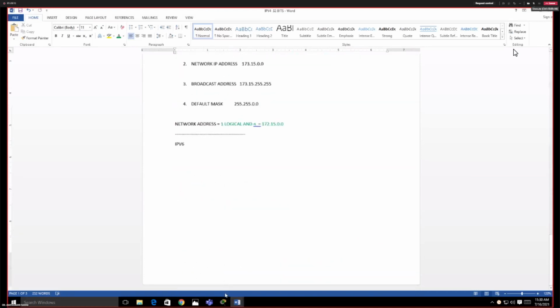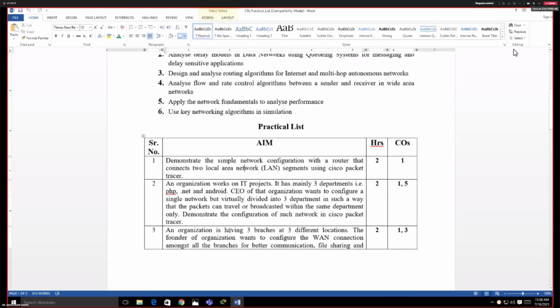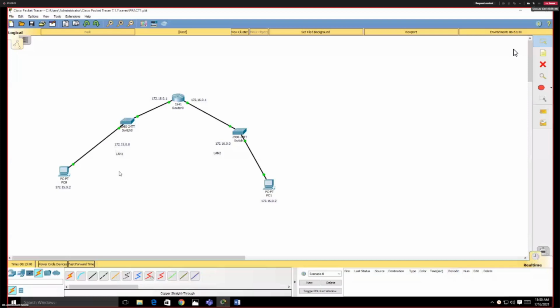Now, as per the aim of practical number 1, what we have to do: we have connected computers, we have connected switches, and we have taken one router. So now the last step remaining is what? We have to send and receive the data.